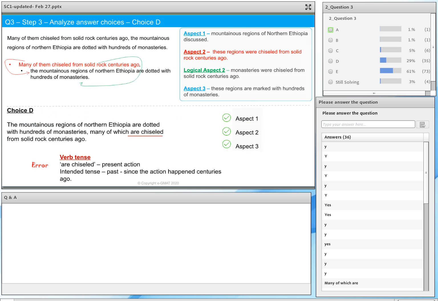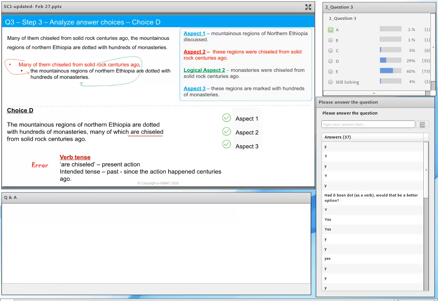Okay, let's come back to choices D and E. By the way, choices D and E are the most popular answer choices for this one. Now, many of you did tell me that, hey, wait, just by moving many of them next to monasteries will not make it correct, because you had this problem of many of which and all of that.